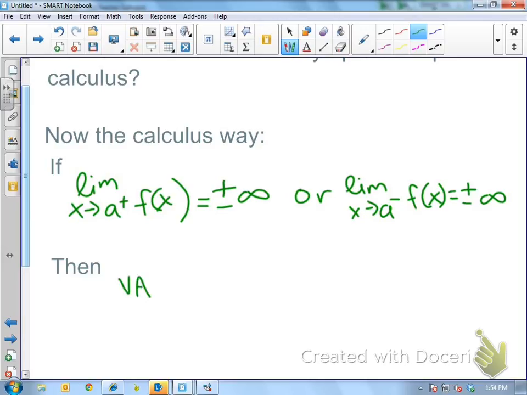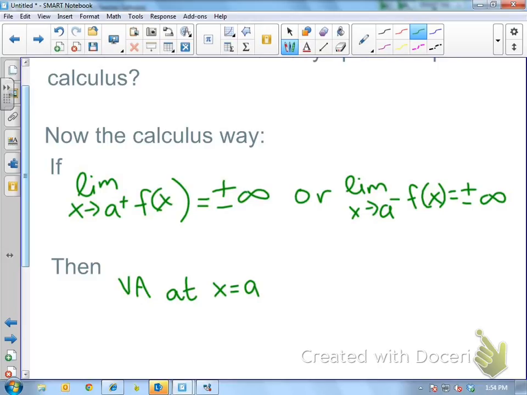I'm just going to write VA for vertical asymptote at x equals a. So it's just our calculus way to prove that we do have a vertical asymptote.